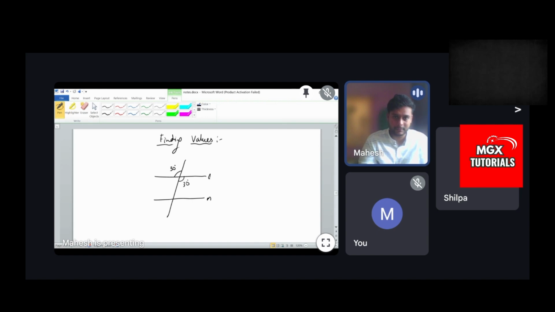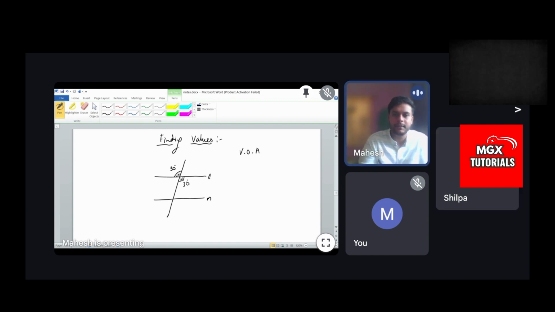Just tell me why this is 30 degrees. Why, if this is 30 degrees, did this become 30 degrees? Do you remember vertically opposite angles? Can you see an X happening here? So if this is 30 degrees, this also will be like that. Understood?